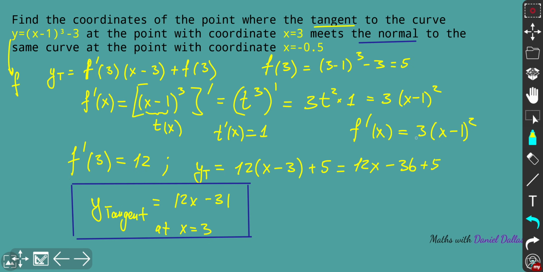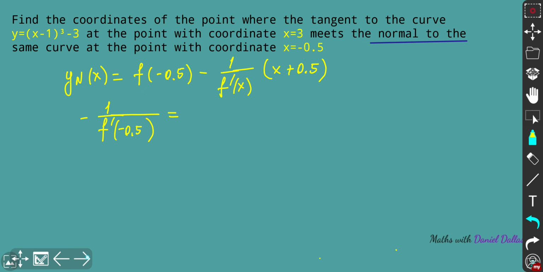Because you remember that the derivative is 3(x minus 1) squared, you just plug in. I'll just write it. What we have for the derivative is 3(x minus 1) squared. Now we plug in negative 0.5, so we'll get 3 times negative 1.5 squared.